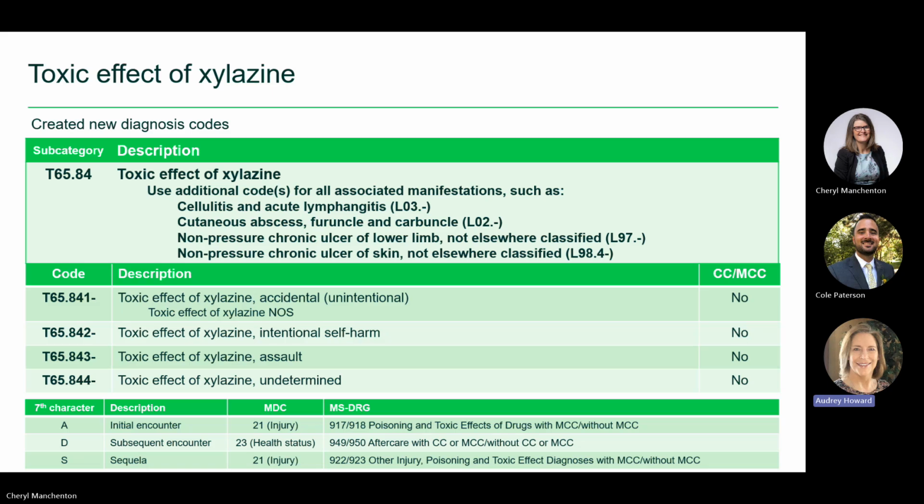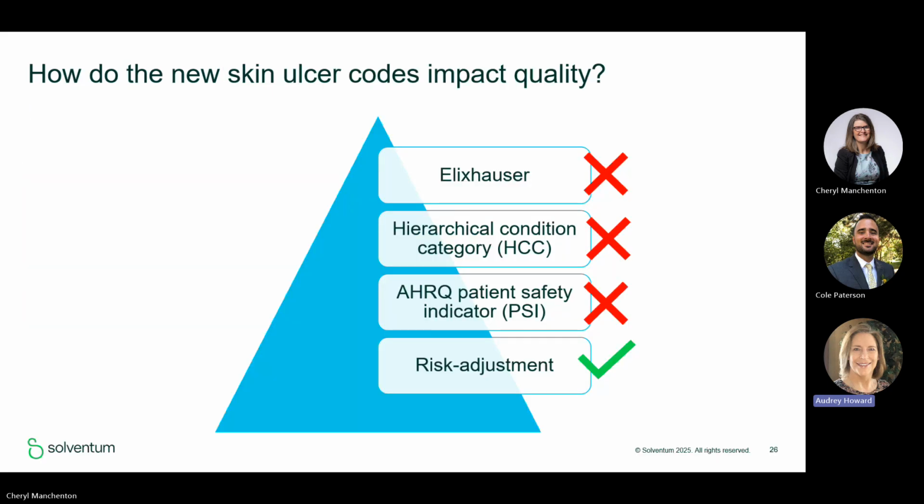So Cheryl, talk to me about the quality on this for all of these brand new codes. I think it is interesting because we had junk codes, if you will, for lack of a better word. We had very unspecified or other specified location for a lot of these ulcers, meaning we've had non-pressure ulcer codes for years.